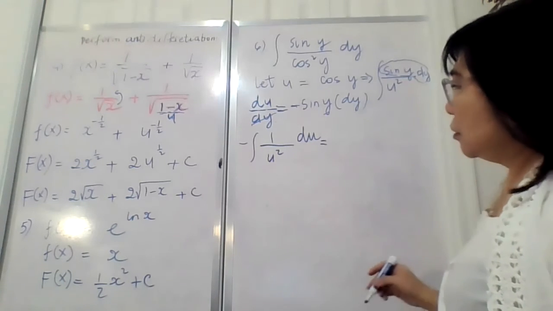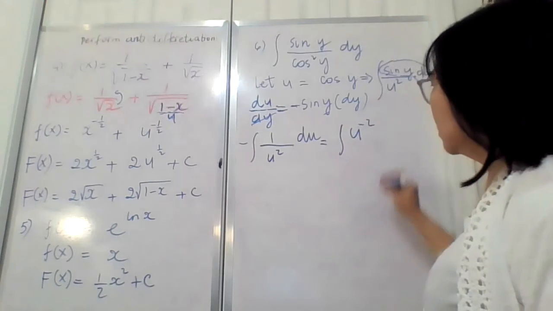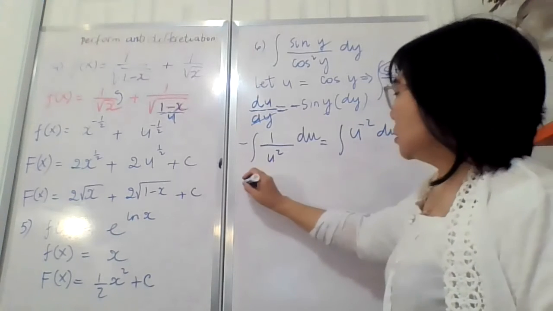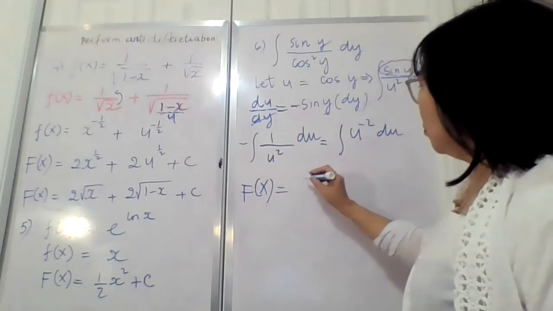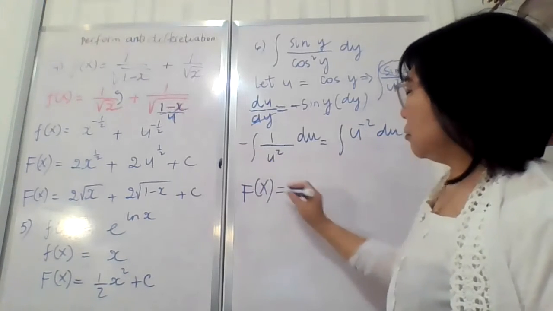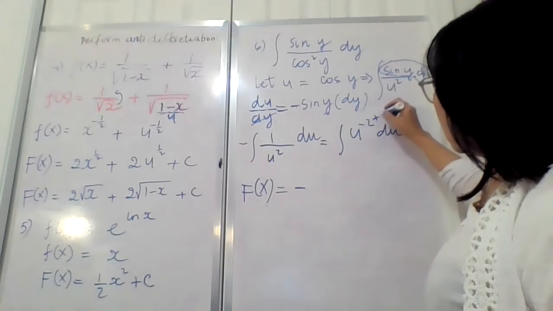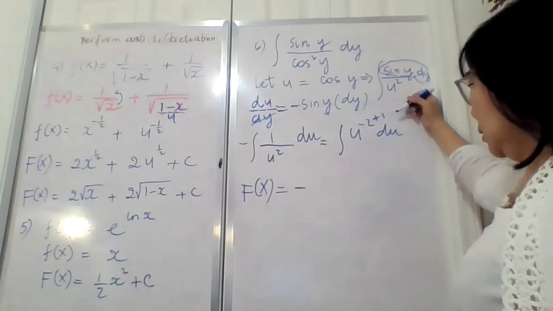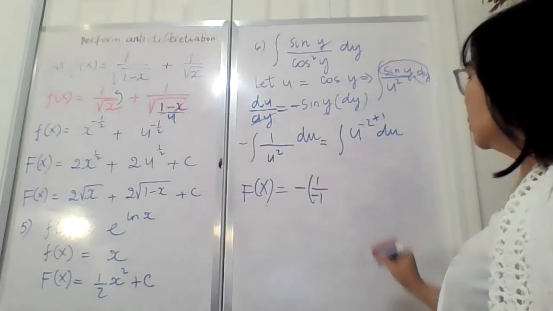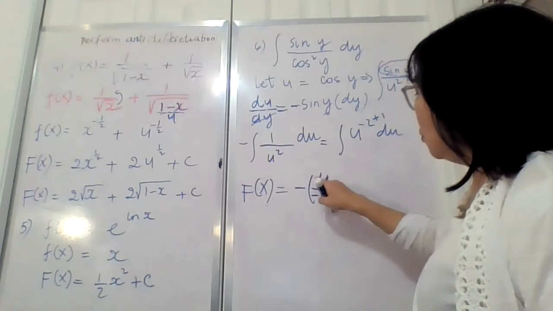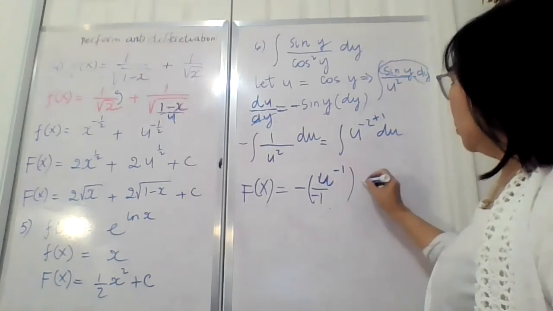So now back into the integration, I'm going to bring this up top. Our original function now becomes minus the integral of u to the negative 2 du, which is minus u to the negative 1 divided by negative 1, plus c.